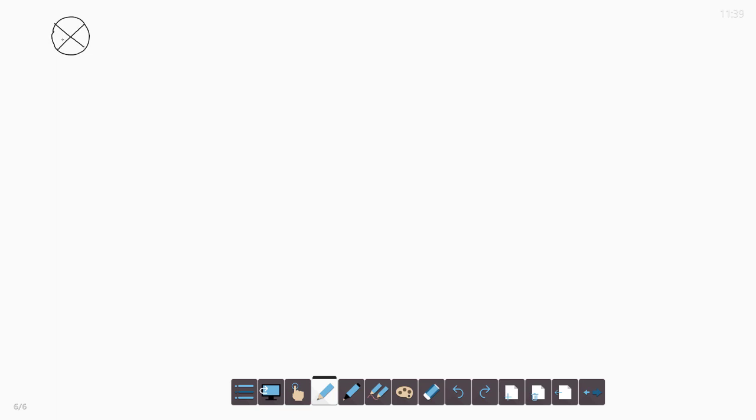First, we have a reference speed omega r star, and we subtract from it the actual rotor speed omega r, and then there is a speed controller. The speed controller generates the torque command Te star.